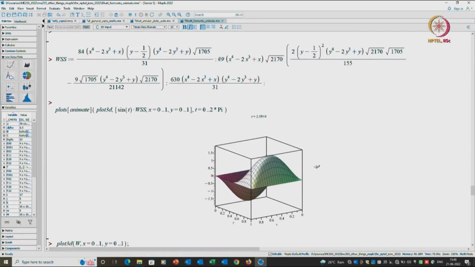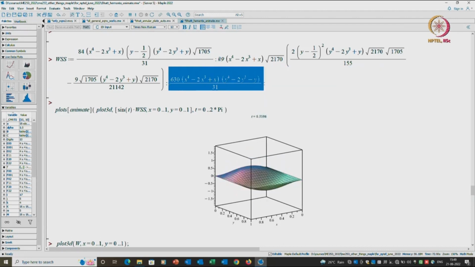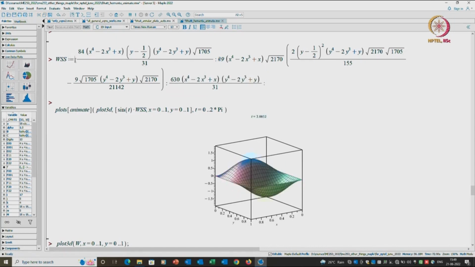It is simply supported on 4 edges. This is 2 half cycles in this direction, 1 half cycle in this direction. So let me change it. Let me take a very simple one. Let me put a comment first.